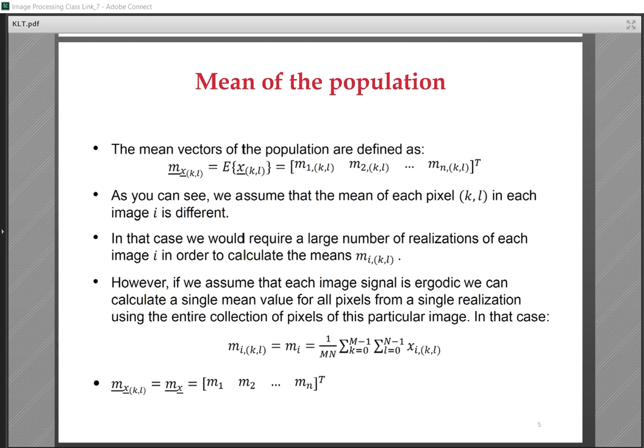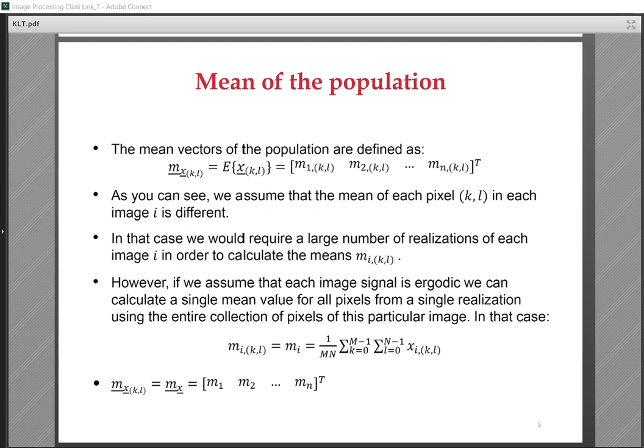However, if we assume that each image signal is ergodic, maybe you are familiar with ergodic random variables, or with random processes, stationary and non-stationary random processes. Ergodic random variables are well-behaved processes.